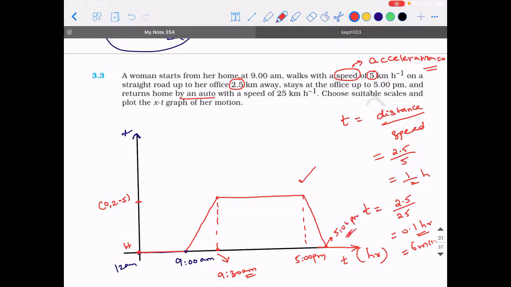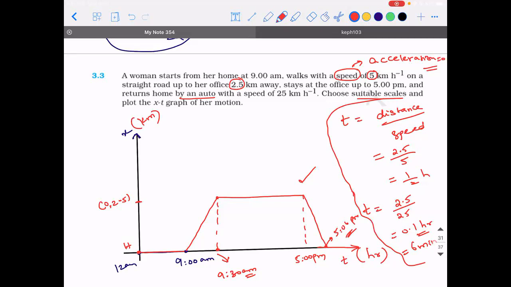Did you understand this? It's a good problem. Choose suitable scales and plot the xt graph. So x should be taken in kilometer and time should be taken in hours. Sir, here we are taking displacement time graph or distance time graph. It is actually displacement time according to me.